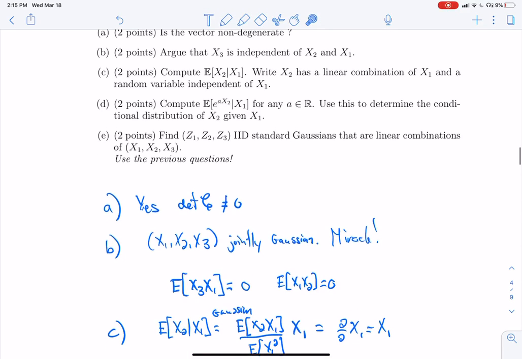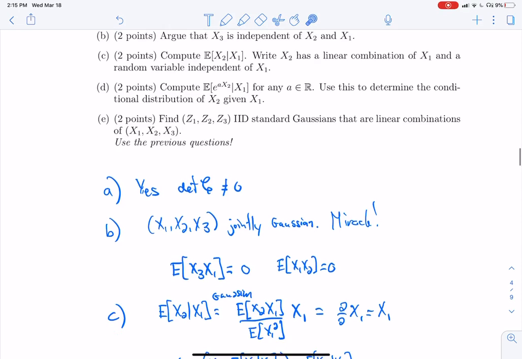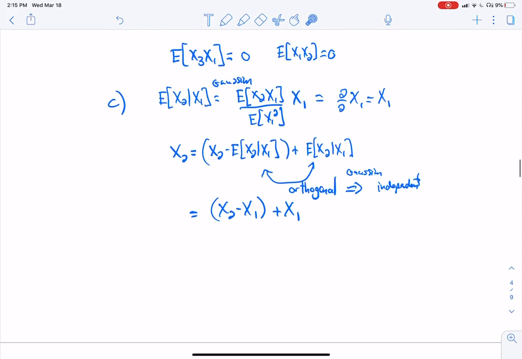Question number 3 now. I want to compute the moment generating function of x2 given x1. Since the moment generating function determines the distribution, that's going to give me the conditional distribution of x2 given x1. So let's do that.